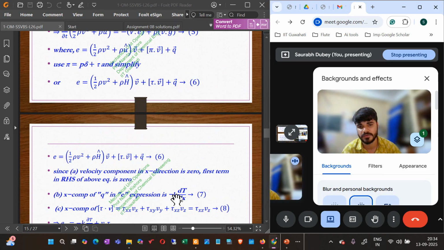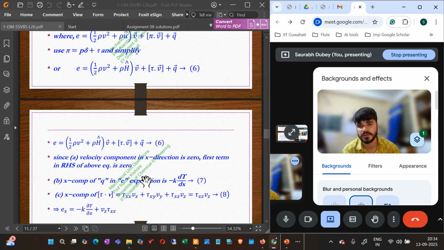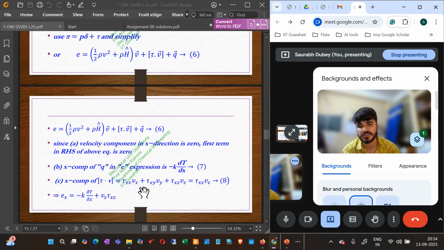This is q, it will come out with this, and then the x component of tau dot v is tau xx vx plus tau xy vy and tau xz vz out of the different components. So in this one, tau xz vz will be existing, because vy and vx are not there. So only vz will be existing. Why? Because vz is a function of x only, right?